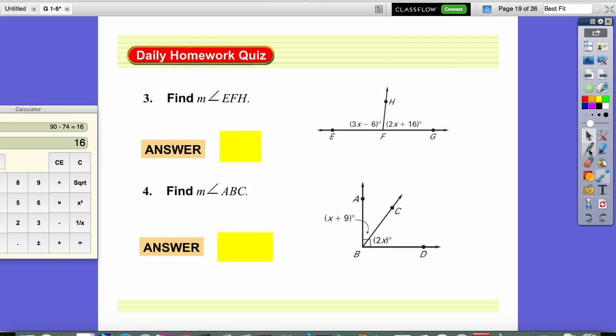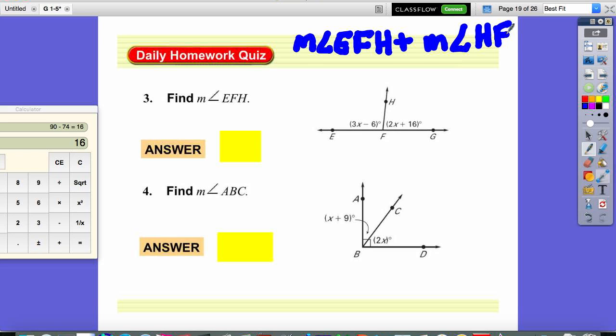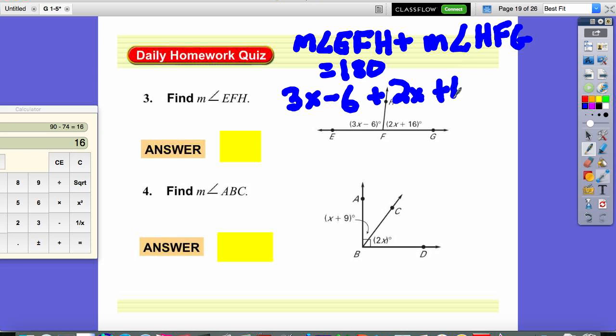Find EFH. So we know that the measure of angle EFH plus the measure of angle HFG is going to equal 180 because they're linear pairs. Then I'm going to use substitution. 3x minus 6 plus 2x plus 16 equals 180. 3x plus 2x is 5x.